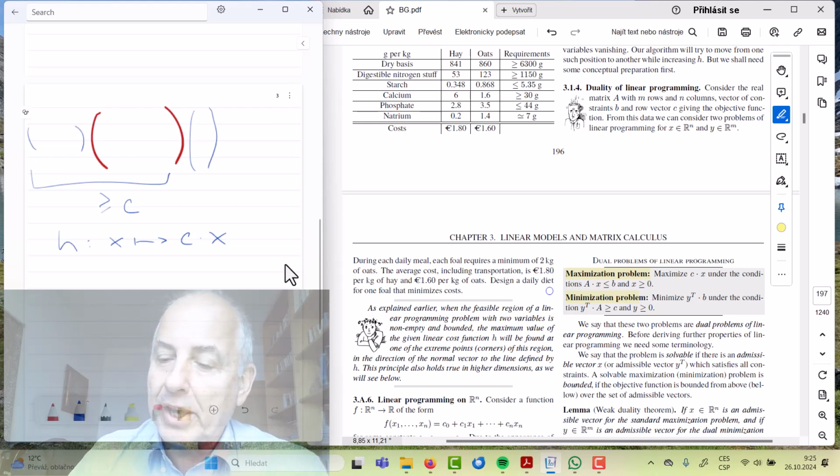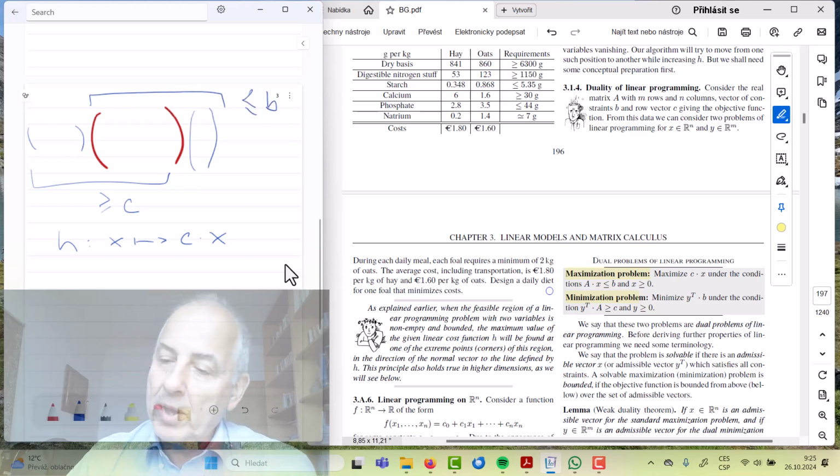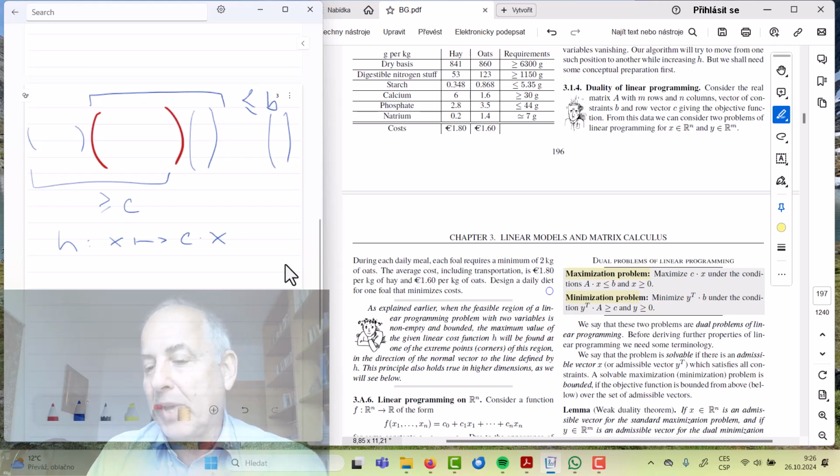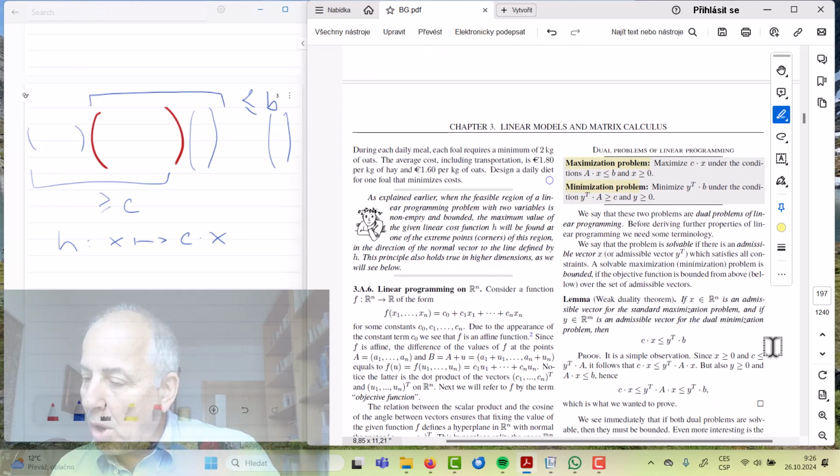Or I take this part and I want this to be less or equal to b, right? So b is as big a vector as we have rows here, and this is as big as the row here. Right, so that's it. So let's go on.